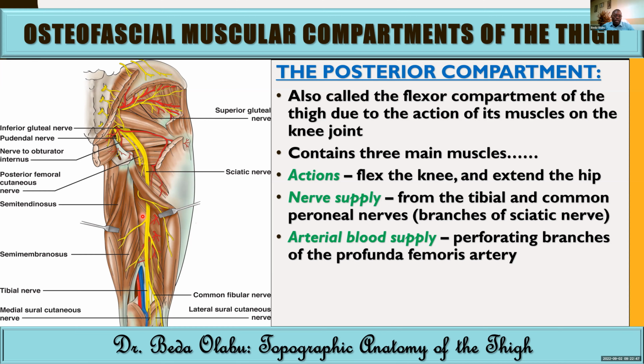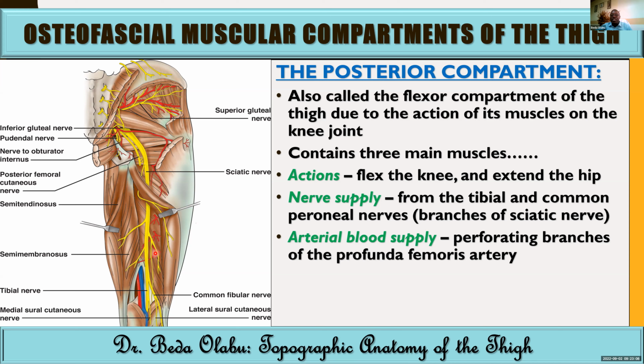The arteries which enter the posterior thigh go through the adductor magnus muscle. Those arteries are called perforating arteries. They are usually 4. So we have the first, second, third, and fourth perforating artery.